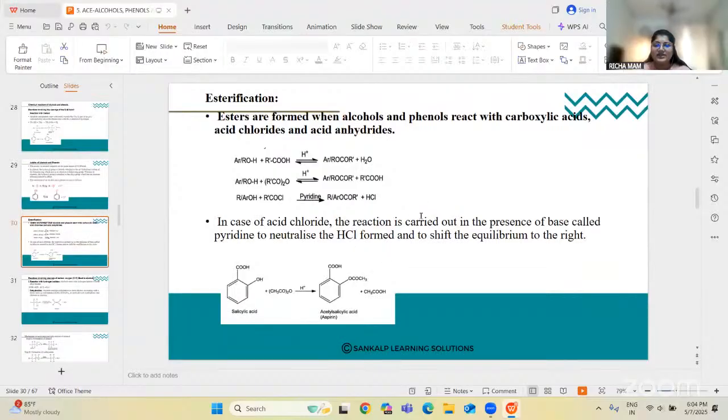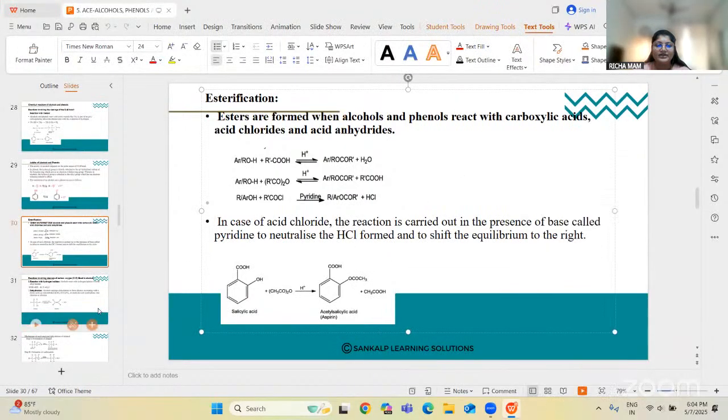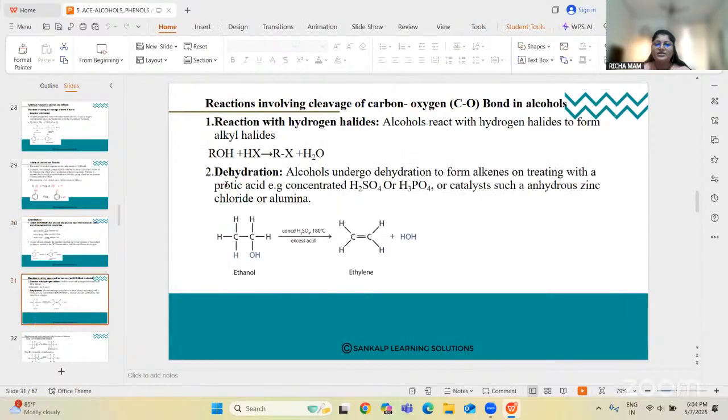Then we have seen the very important dehydration reaction. Alcohols undergo dehydration to form alkenes when treated with a protic acid; you can take any protic acid as the catalyst.